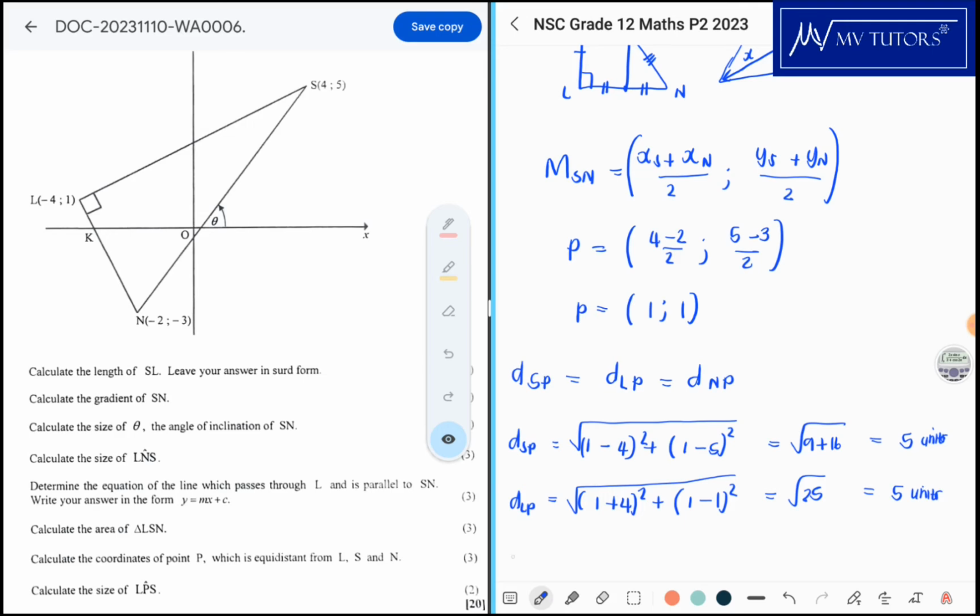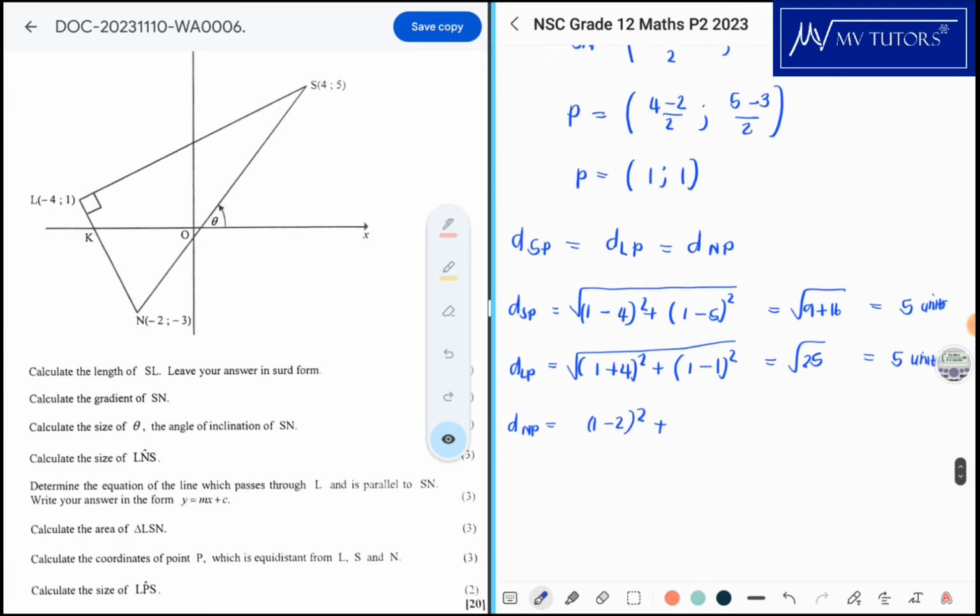Now let's look at the last one, the distance of NP. So P, which is 1, and N, minus 2. All right, we have 1 minus 3. Oh no, what am I doing?